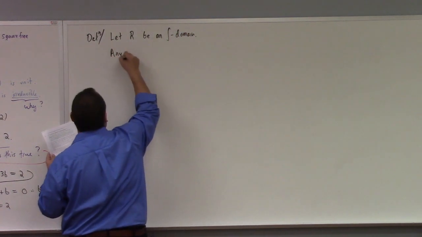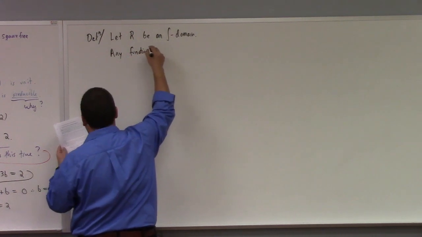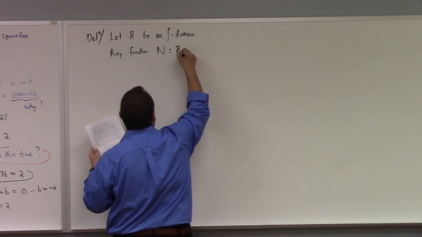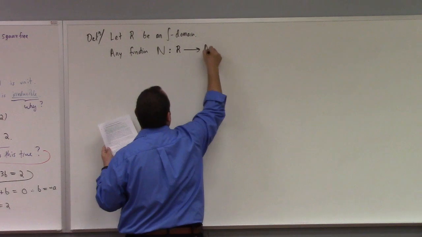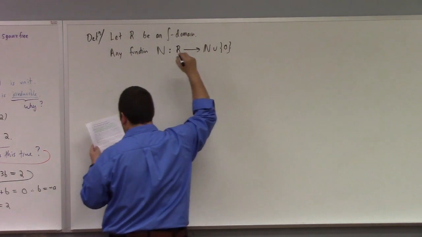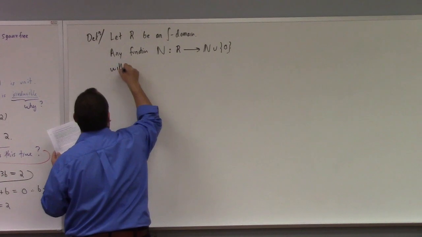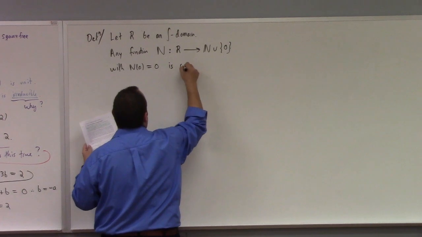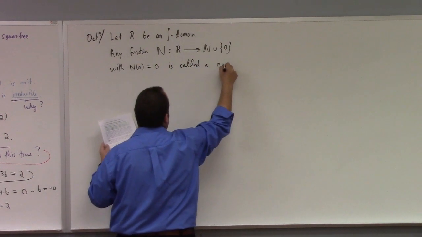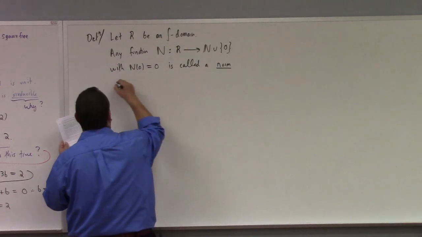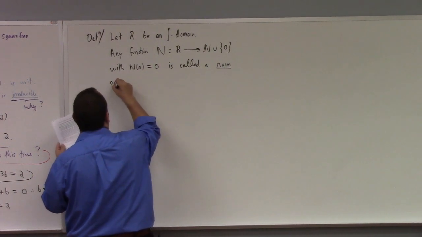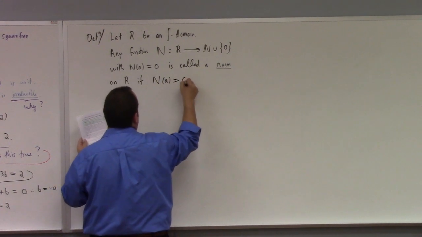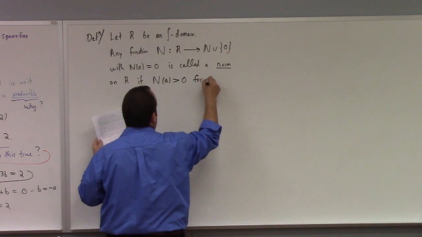Any function n that maps the integral domain to the natural numbers union with 0, with n of 0 equal to 0, is called a norm on R if, first of all, the norm of A is greater than 0 for A not equal to 0.